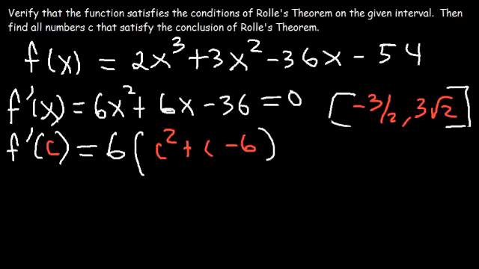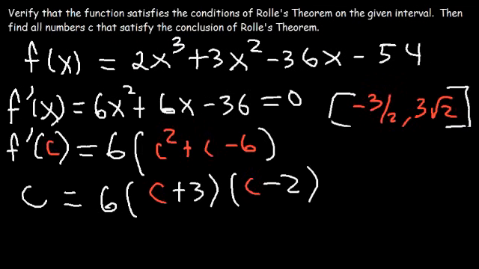So to factor the expression c squared plus c minus 6, it's going to be c plus 3 and c minus 2. So therefore, c is equal to negative 3 and c is equal to 2.